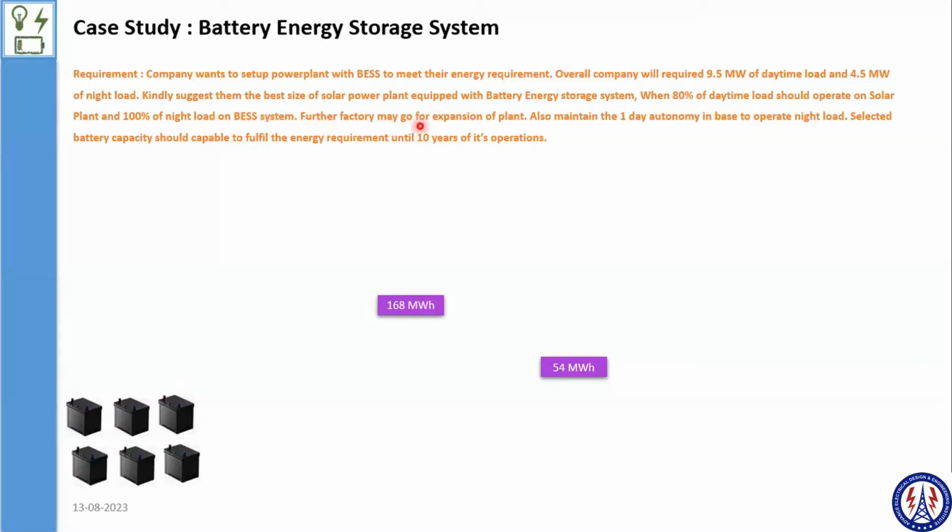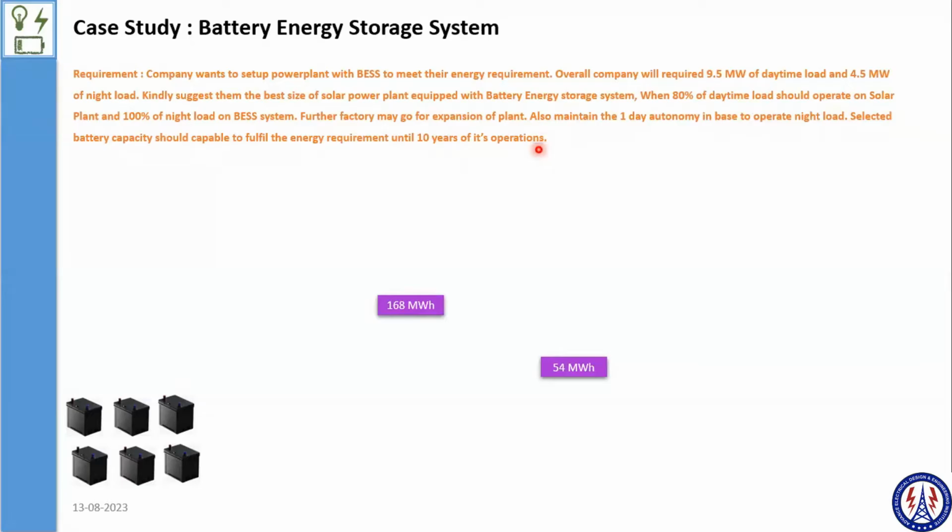Further, the factory may go for further expansions of the plant. Also, maintain 1 day autonomy in the BESS to operate the night load. Selected battery capacity should be capable of fulfilling the energy requirement until 10 years of its operation.